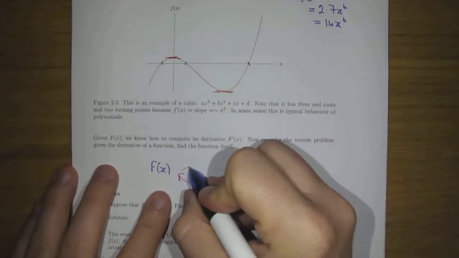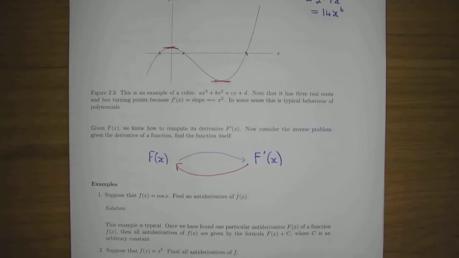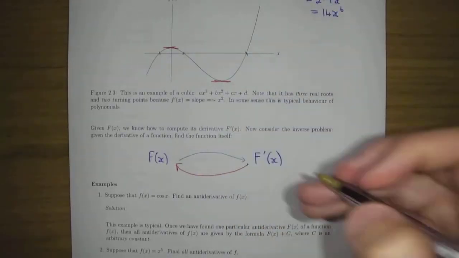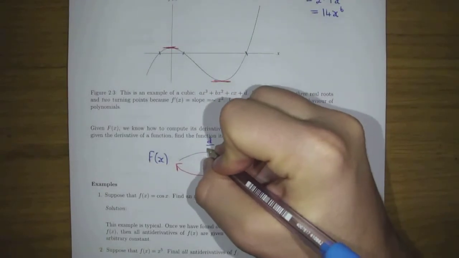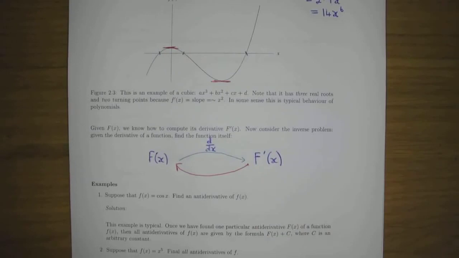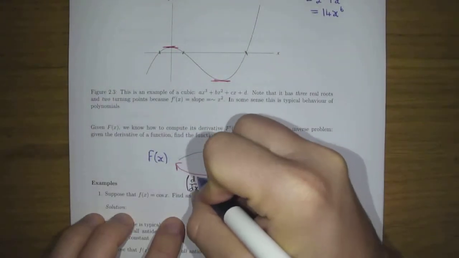So there's different kinds of notation I could use here. So this thing we would call d dx. You differentiate a function, you get the derivative. The antiderivative, you never see anything like this, but it wouldn't be the worst way in the world to do it, is to write it as d dx inverse.